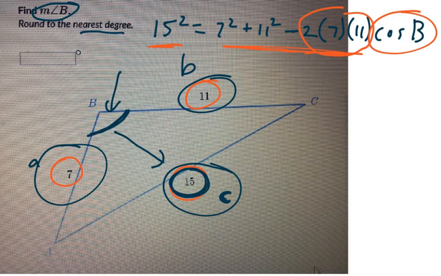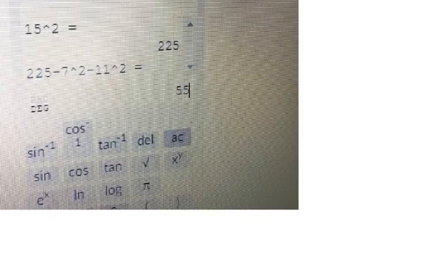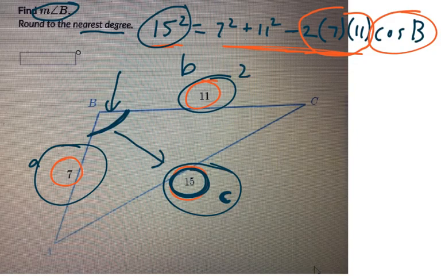So I can't do it as directly as I did the last problem. So what I'm going to do instead is do 15 squared. 15 squared is 225. So 225 equals, and then, follow along, guys, I went ahead and I minus 7 squared and 11 squared from both sides.